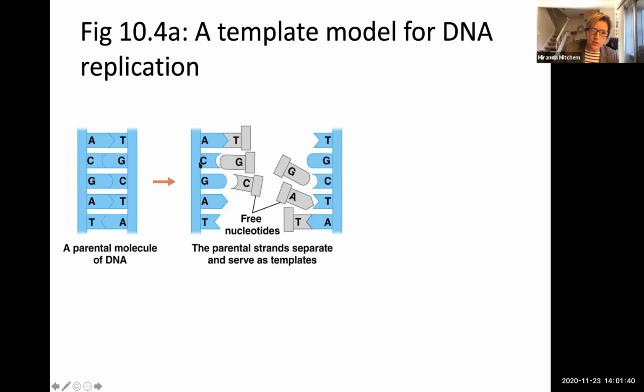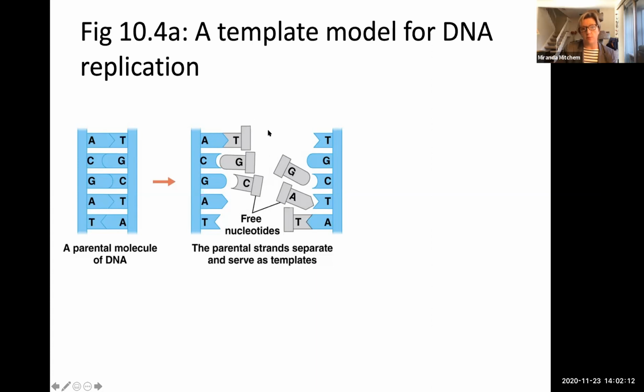So the parent strand is shown in blue, and those hydrogen bonds that hold together the base pairs come apart. We'll talk about how that happens, but they come apart in DNA replication. So the double helix, the double-stranded molecule, separates, not the whole thing at once, just pieces of it at a time. But now we have the new daughter DNA strands being assembled.